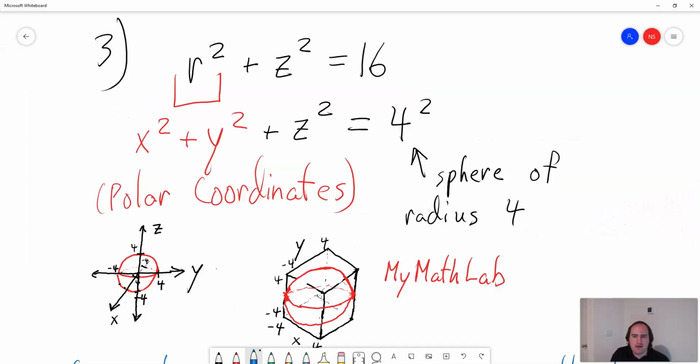And then, you know, for the other two graphs that we did, you can also type them into Geogebra 3D, but you got to get them in the form where you have x, y, and z. Okay, it can't have an r or a theta. There's probably a way to do it with r and theta, but my understanding is that's going to be more complicated.